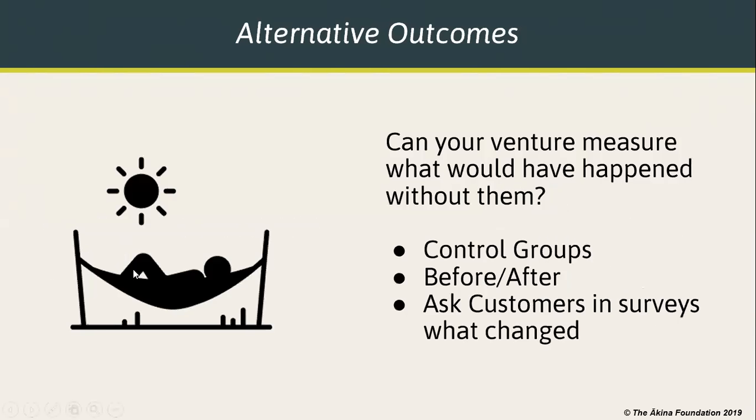Okay, also just think about whether your venture can measure what would have happened without them. This is really hard sometimes. In our second session, we talked about how it's important to consider what would have happened without the work your venture's doing.